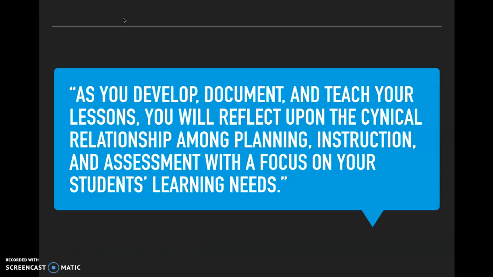One main quote that I felt encompassed the importance of the EdTPA exam and the introduction of the handbook was, as you develop, document, and teach your lessons, you will reflect upon the cyclical relationship among planning, instruction, and assessment with a focus on your students' learning needs.